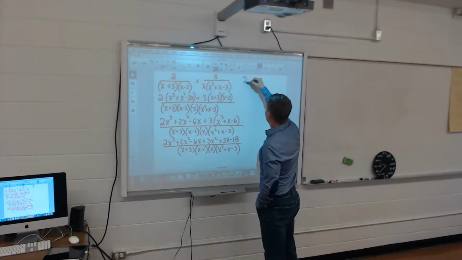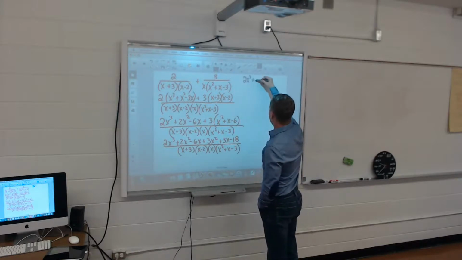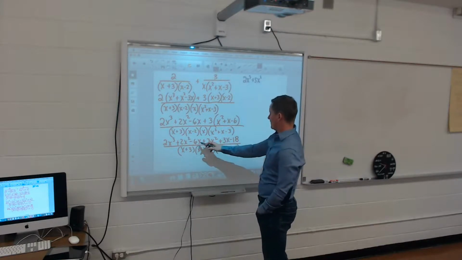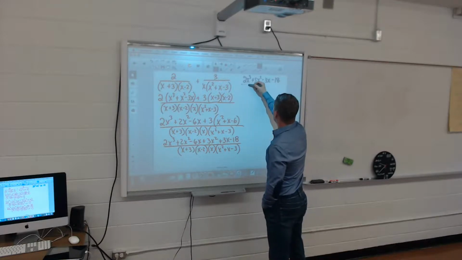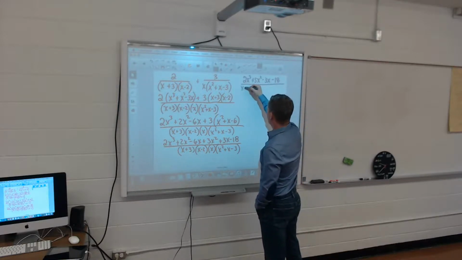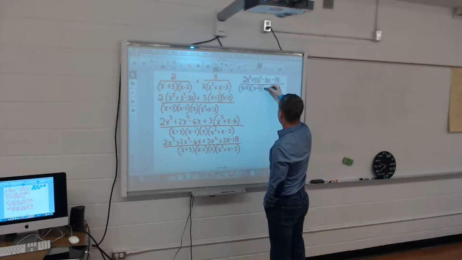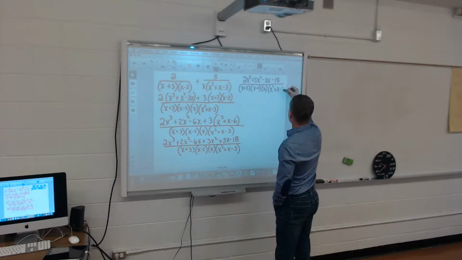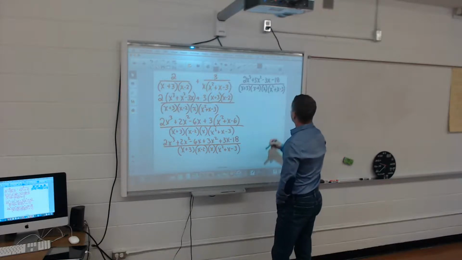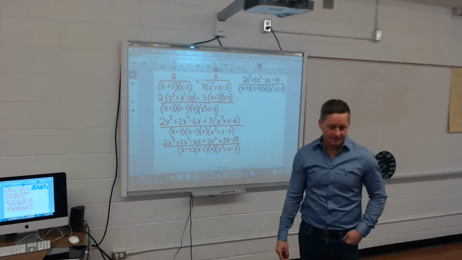So I've got 2x cubed, 2x squared and 3x squared is plus 5x squared, minus 6x and 3x is minus 3x, minus 18, all over x plus 3, x minus 2, x squared plus x minus 3. I think we're leaving it at that.